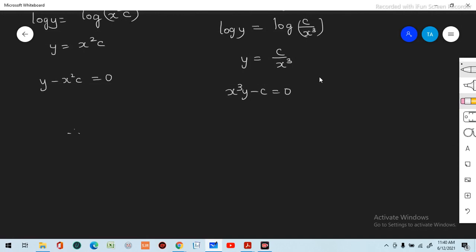Therefore the general solution is: y minus x square c into x cube y minus c is equal to 0. Understood? Easy, isn't it?